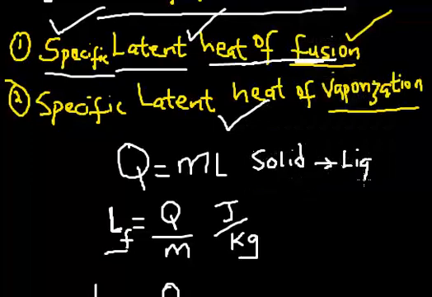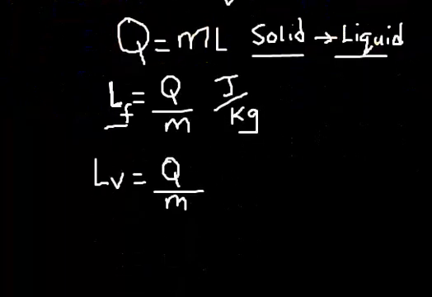Let me repeat again: the specific latent heat of fusion is the quantity of heat energy that is required to change 1 kilogram of a substance from its solid state to its liquid state without any change in temperature. I have to include without any change in temperature, because when it has to do with latent heat, there's no change in temperature.